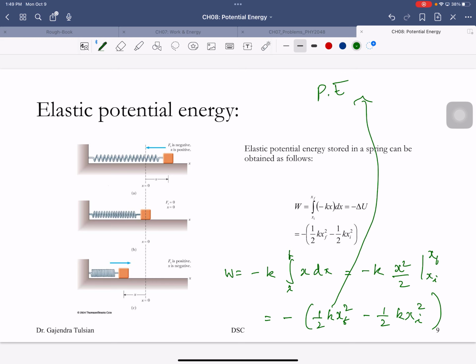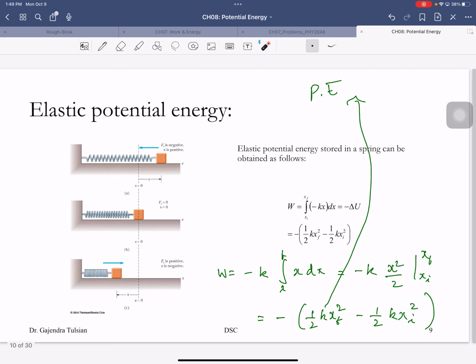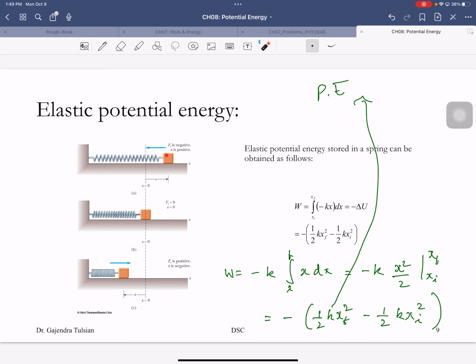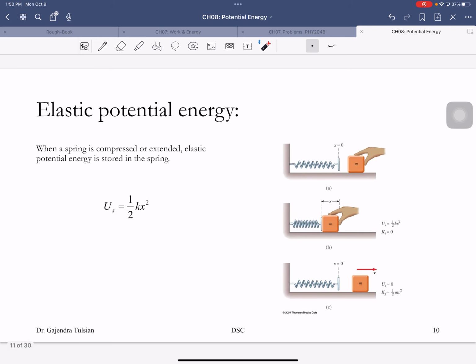So the spring potential energy is given by 1/2 kx squared. Now notice it's a quadratic function of x. So if you stretch the spring by 1 meter, the potential energy is the same as if you compress it by 1 meter. It just depends on the absolute distance from the equilibrium position. So the spring potential energy is given by that. And we are done.